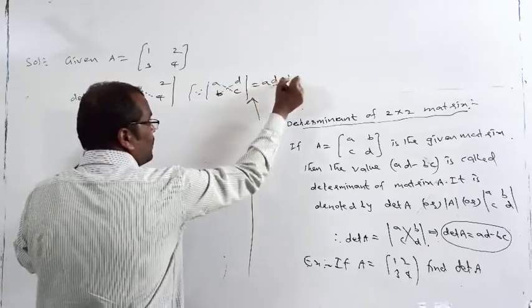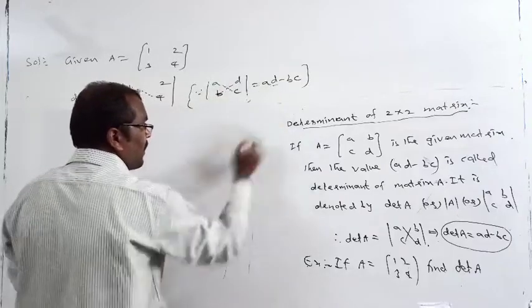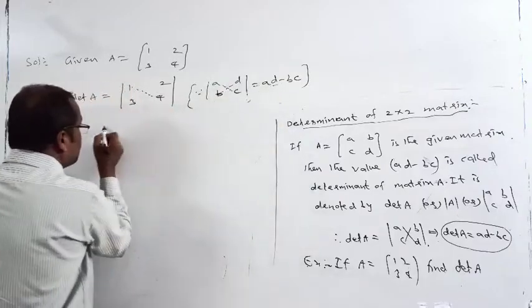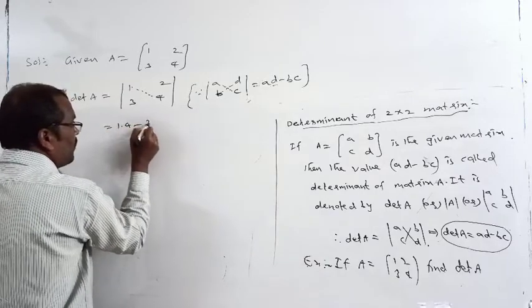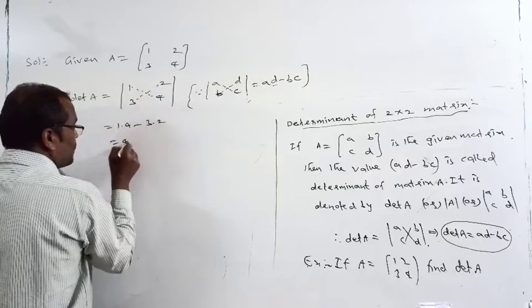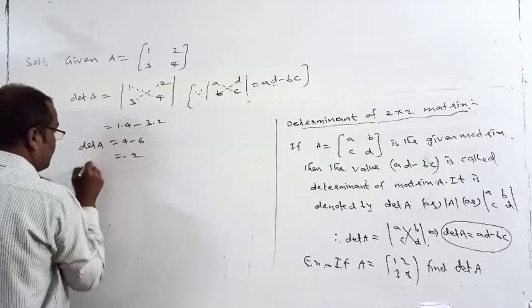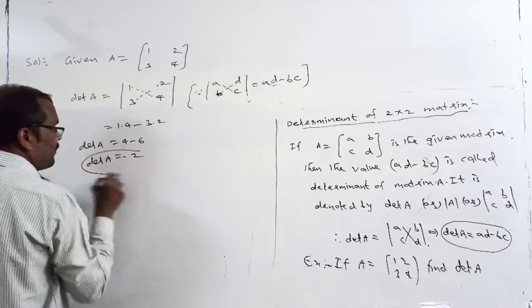Now by using this concept, 1 into 4 minus 3 into 2. So the answer is 4 minus 6, minus 2 is det A.